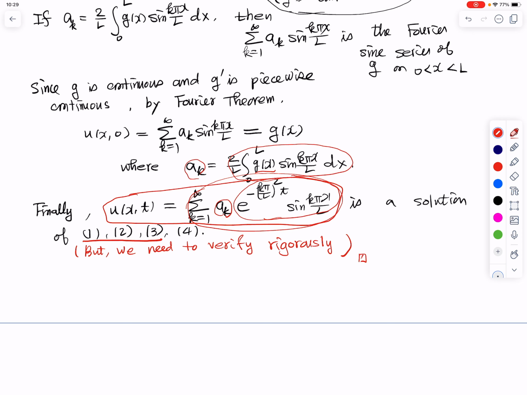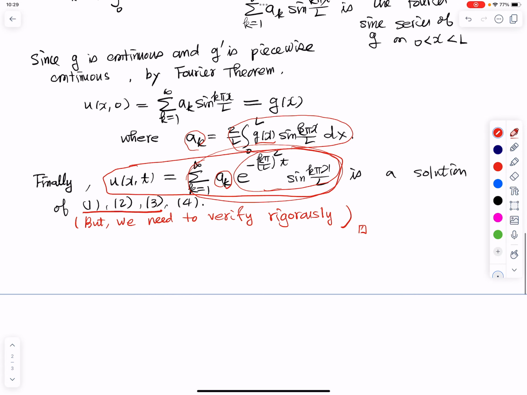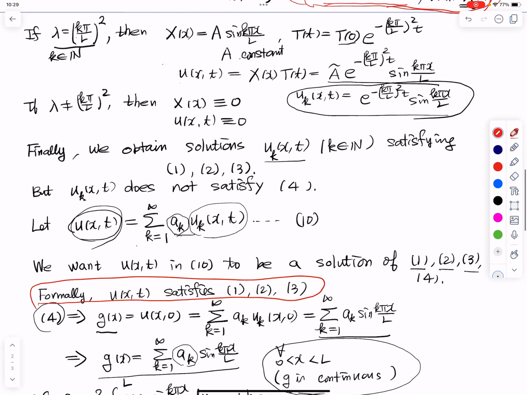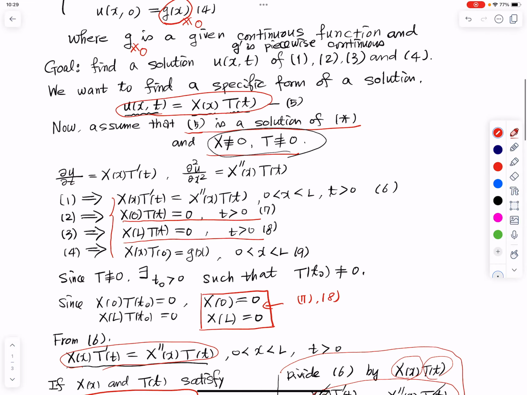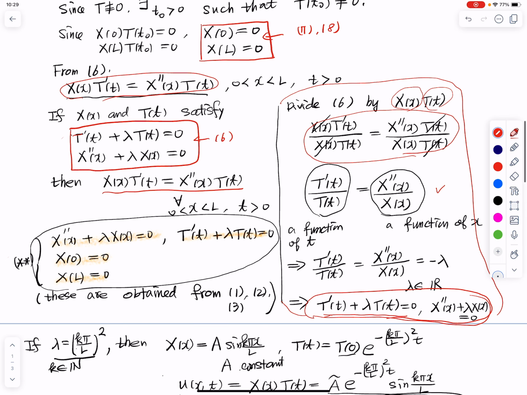So today's lecture is about using Fourier series to find the solution of heat equations. Okay, so today in this lecture, I didn't talk too much about finding this ODE, and I will talk about this equation in another lecture.